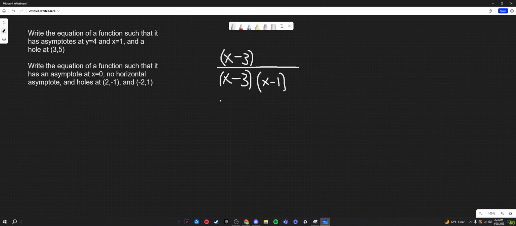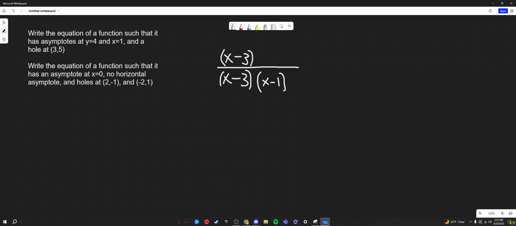What this means is the horizontal asymptote is not at y equals 4, because when we have a lesser power divided by a greater power, I believe it's just at y equals 0, so it'll tend to 0 as x goes to infinity.